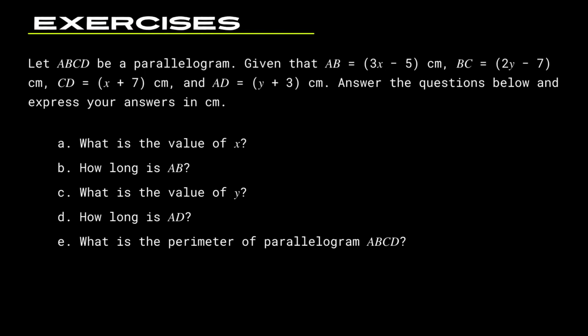Now, for our second problem, let ABCD be a parallelogram given that AB is equal to 3x minus 5 centimeters, BC is equal to 2y minus 7 centimeters, CD is equal to x plus 7 centimeters, and AD is equal to y plus 3 centimeters. We are to find the values of x and y, the lengths of AB and AD, and the perimeter of parallelogram ABCD.